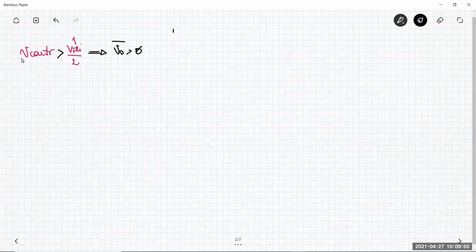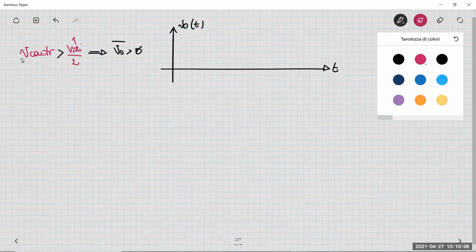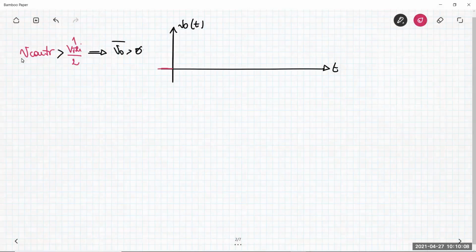So it's unipolar in this sense. Let's consider this case again. Let's start the analysis by looking at what happens to the output voltage V0, which is totally positive. For example, you can have a waveform like this.